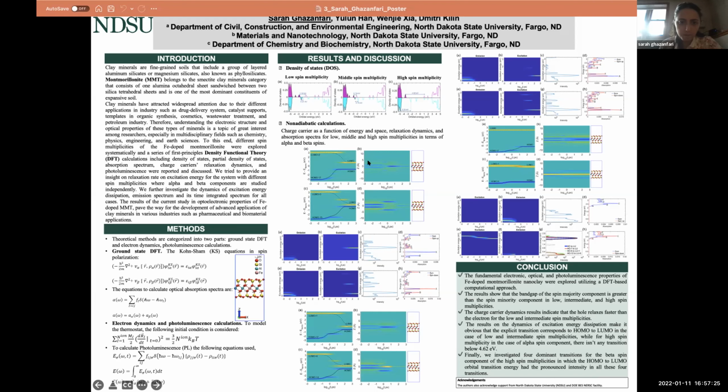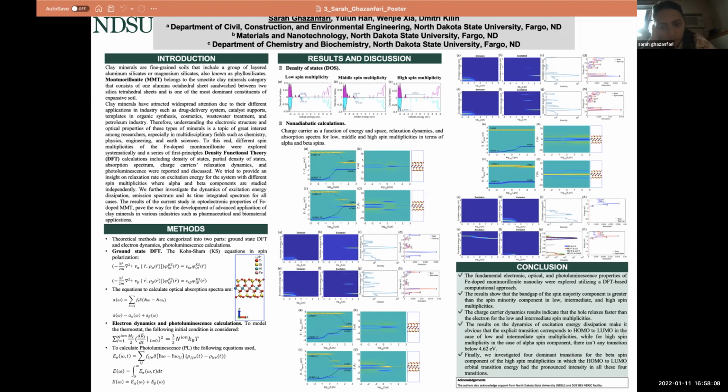I also mentioned that they are interpreted in terms of the alpha and beta spins. The top row corresponds to alpha and the bottom row corresponds to beta. This is also valid for other plots. Then I explain that for each spin multiplicity, it seems that the electron is going to relax.